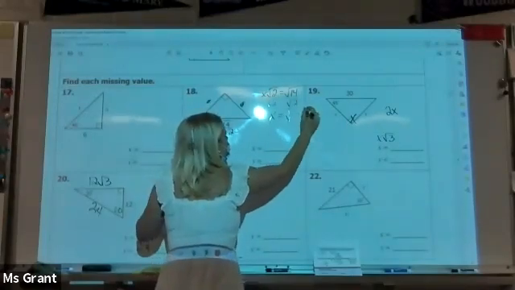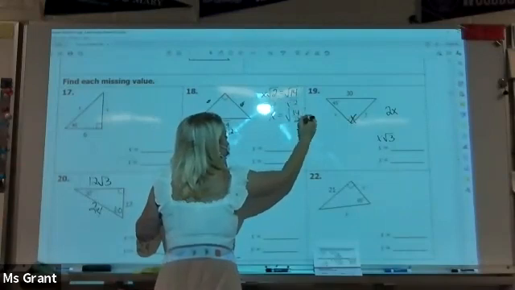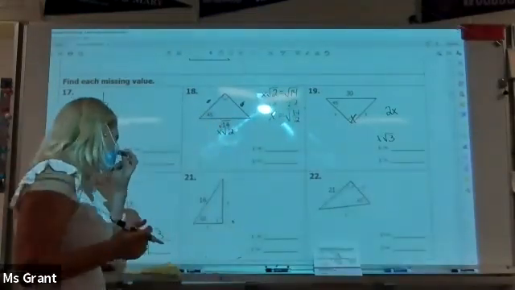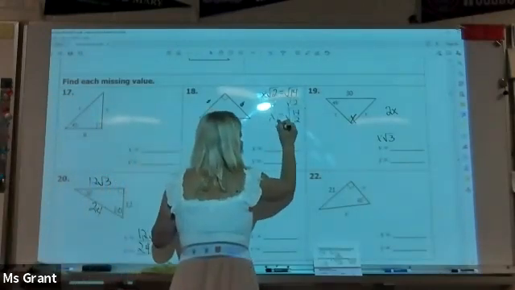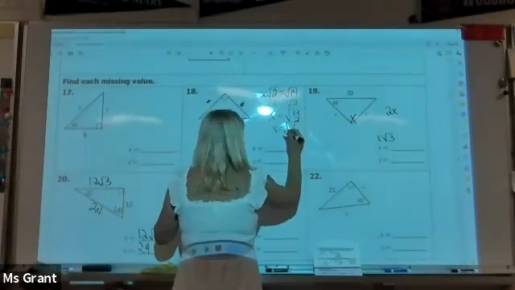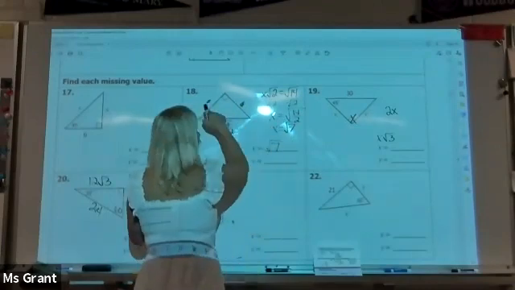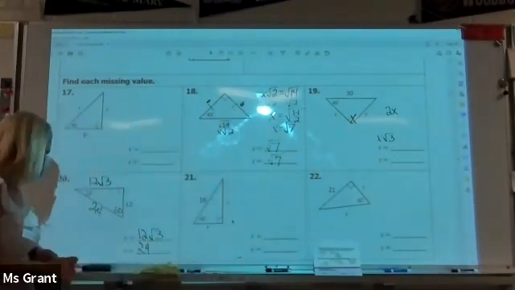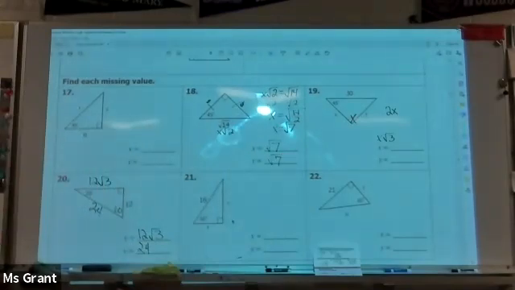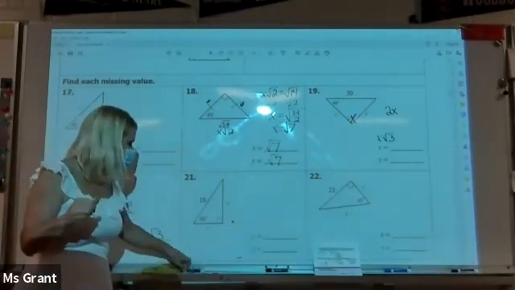And did you know that you can do this? Like that? You can put it together under 1 square root. Rad 7. And since it's isosceles, that's good. That was a smart one to pick.